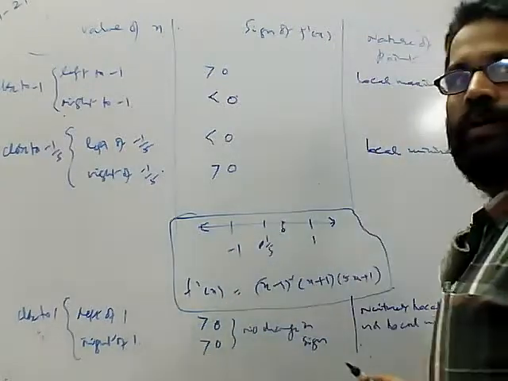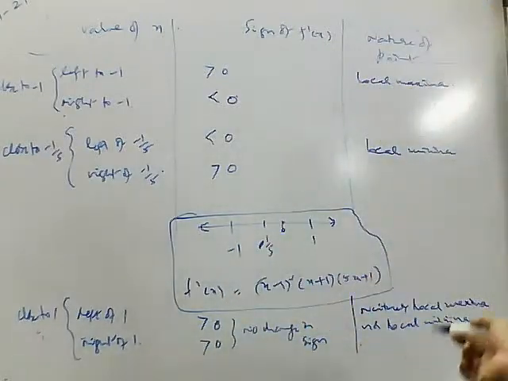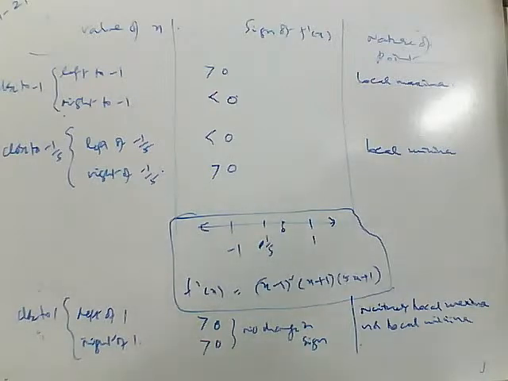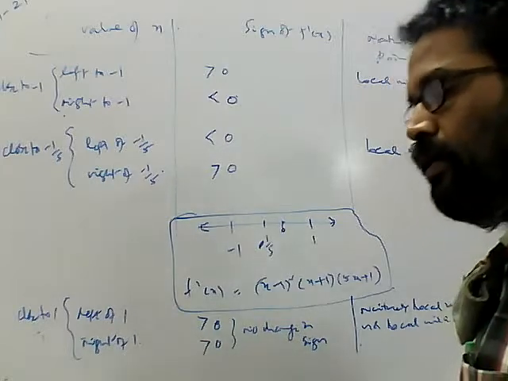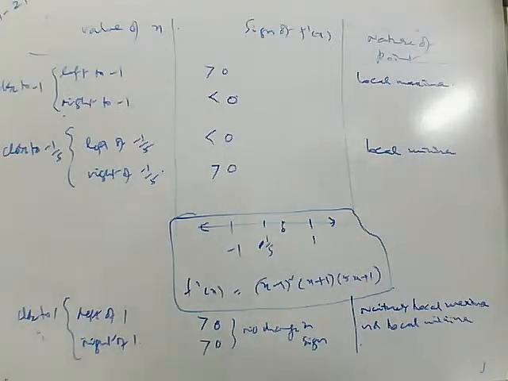So one local maximum point, one local minimum point, and one critical point, a point of inflection, you got. This is the first derivative test, because we have done the derivative only one time.